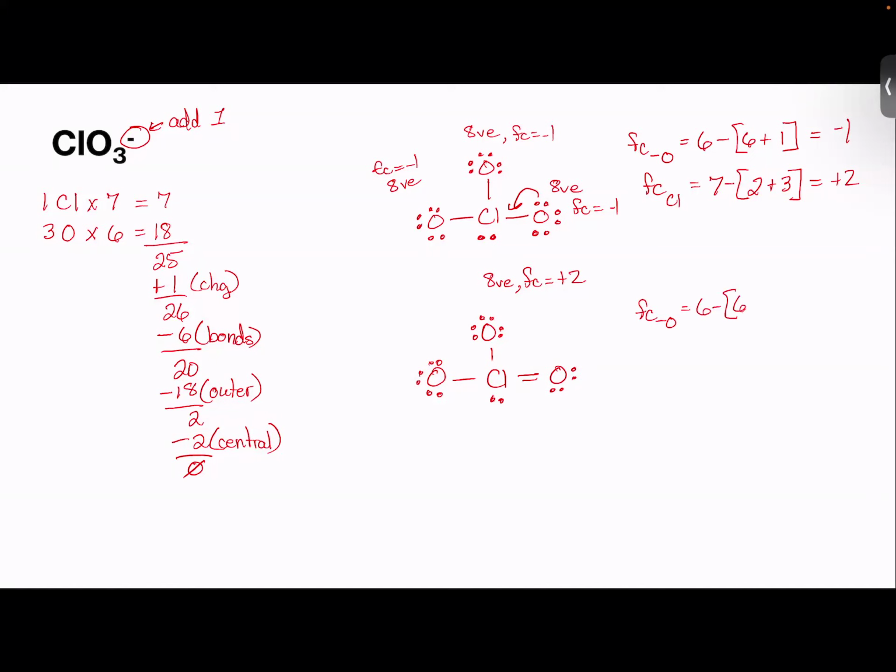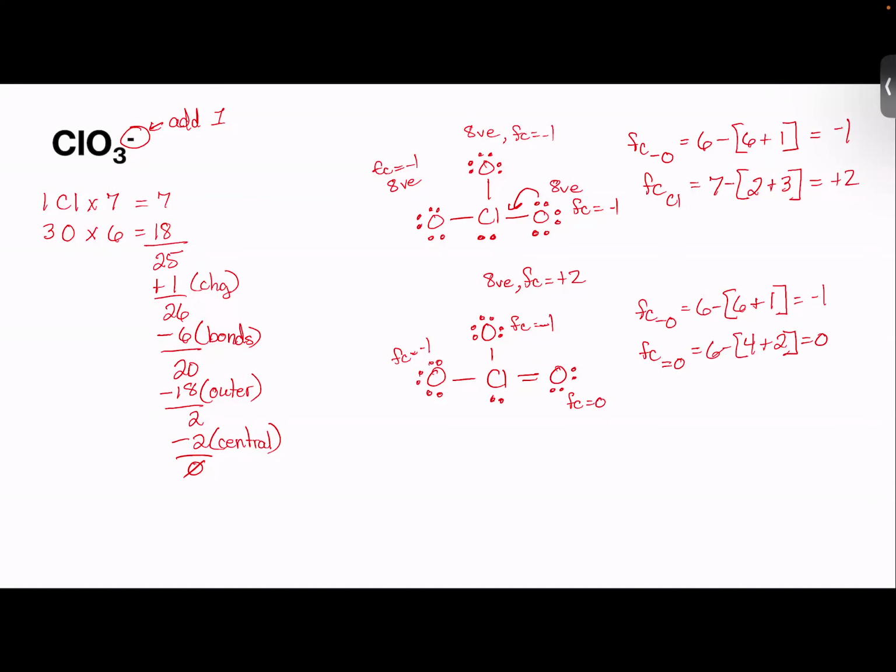They have 6 dots and 1 for every bond. It has 1 bond. So again, they still have a formal charge of a -1. Our double bonded oxygen has 6 valence electrons -1 for every dot. It has 4 dots +1 for every bond. It has 2, so it now has a formal charge of 0.